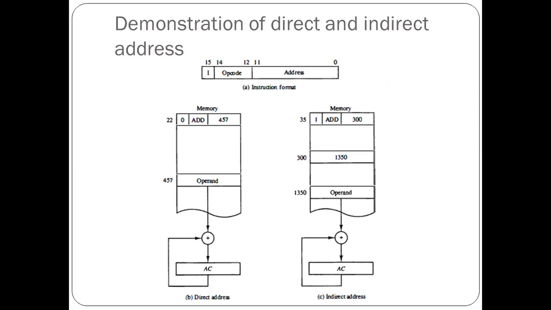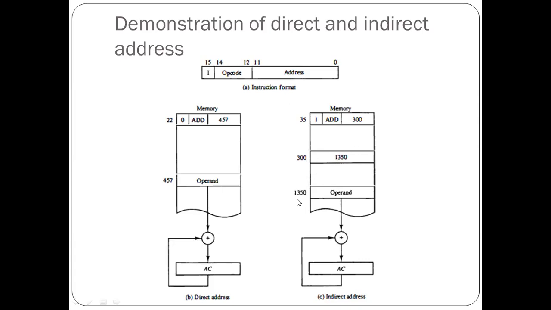If it is a direct address, the 12 bits given in your instruction refer to the data item. Indirect address means these 12 bits hold the address of an operand which is available in another memory location, and that location holds 16-bit information.